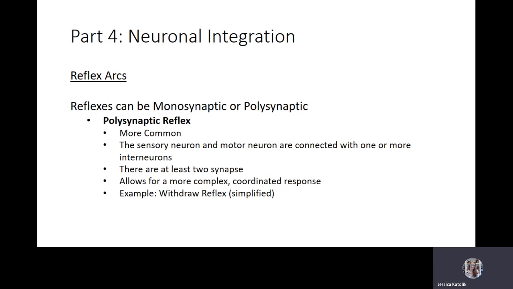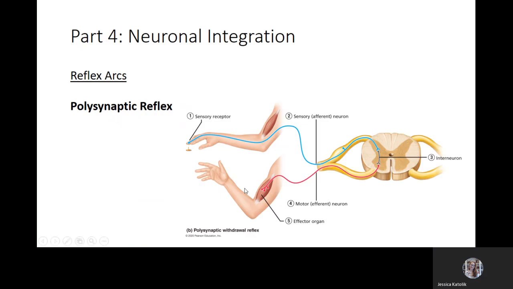A good example of this would be the withdrawal reflex. Again, this is going to be a more simplified diagram of the withdrawal reflex, but it illustrates this concept of polysynaptic reflex quite well. So again, I would like to draw your attention first to the spinal cord located over here. What you can see here in this polysynaptic reflex is that you have a sensory neuron, an interneuron, and a motor neuron.